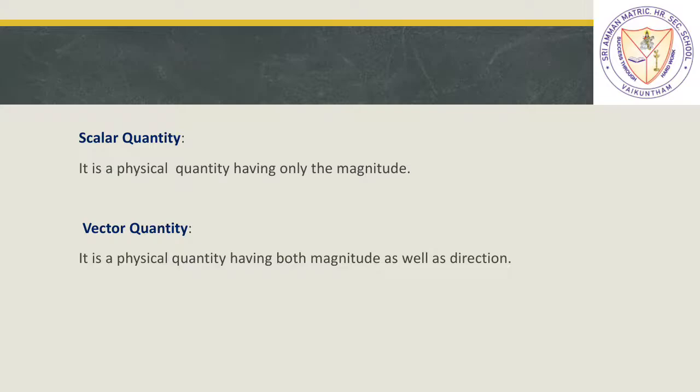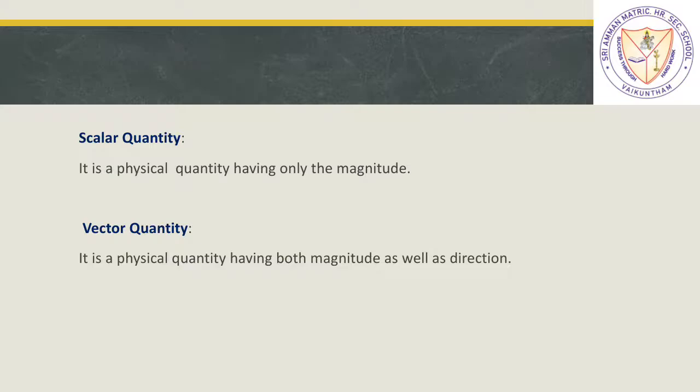So it has only a number to it. I mean, your height is 130 centimeters, you will not say in upward direction. So it has only the magnitude, the numerical value. If any physical quantity has only magnitude, then it will be called a scalar quantity.